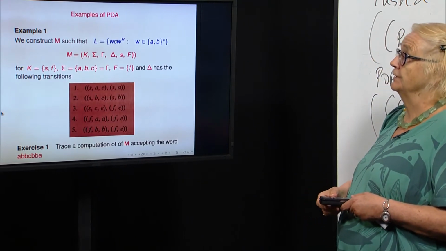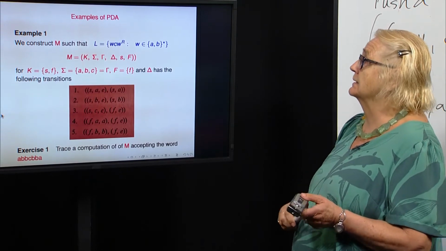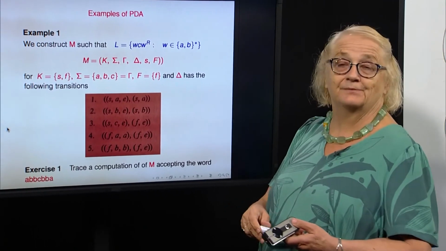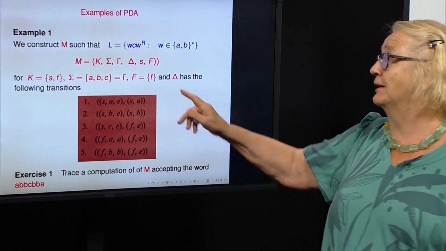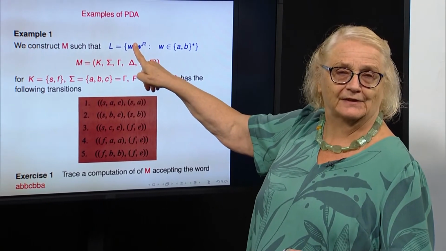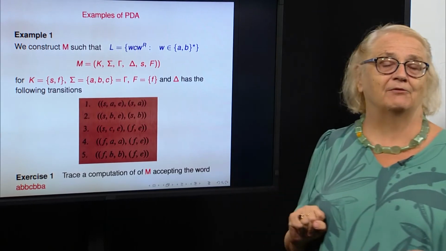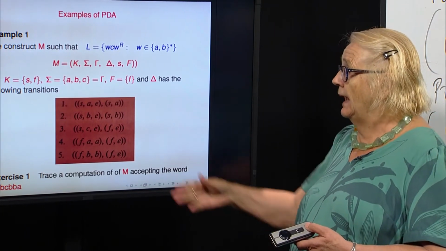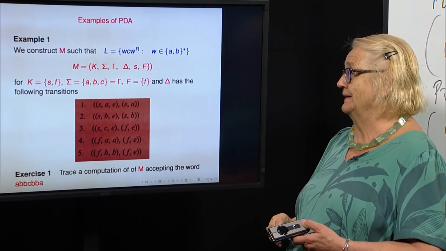So, for example, here you construct W C W reverse. We already have a grammar like this. We know that's a context-free language. And here are the transitions.